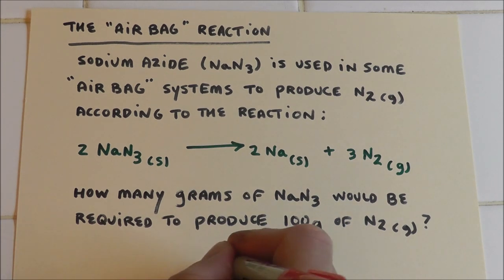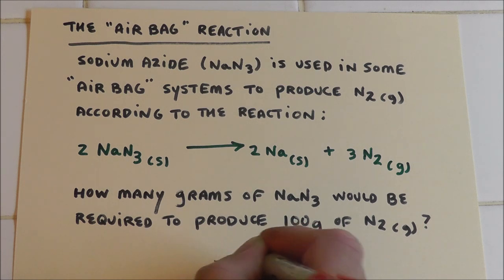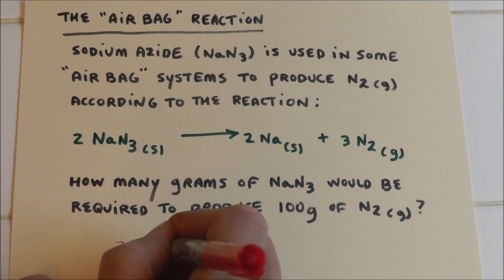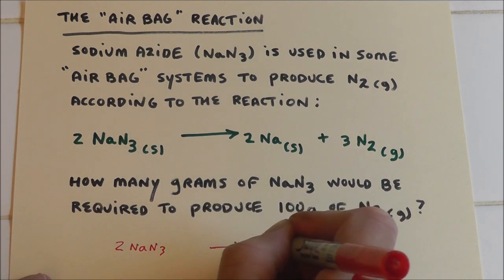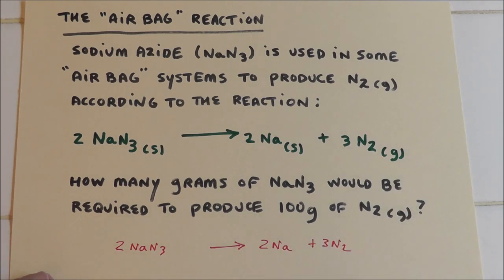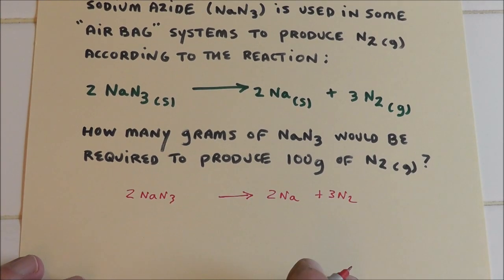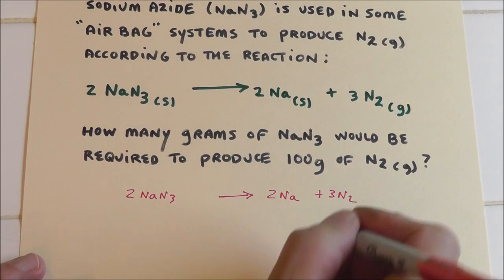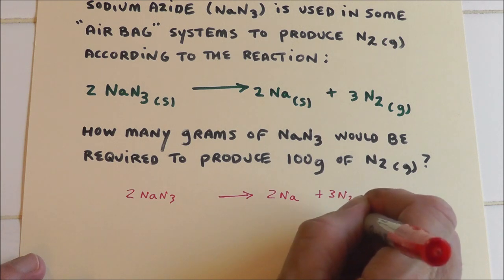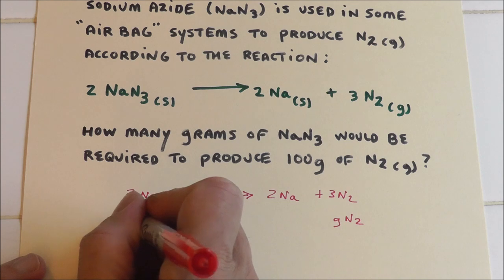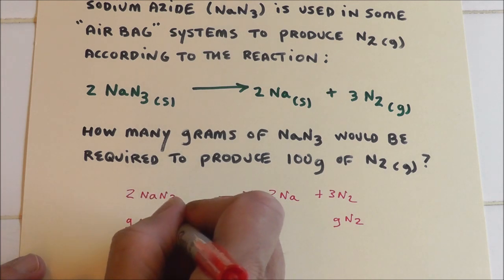So what I'm going to do next is make what we call a concept map. So here we got 2 NaN3 yields 2 Na plus 3 N2. And a lot of these problems, you're almost always starting with what they gave you. So they gave us the grams of N2 and they want the grams of NaN3.